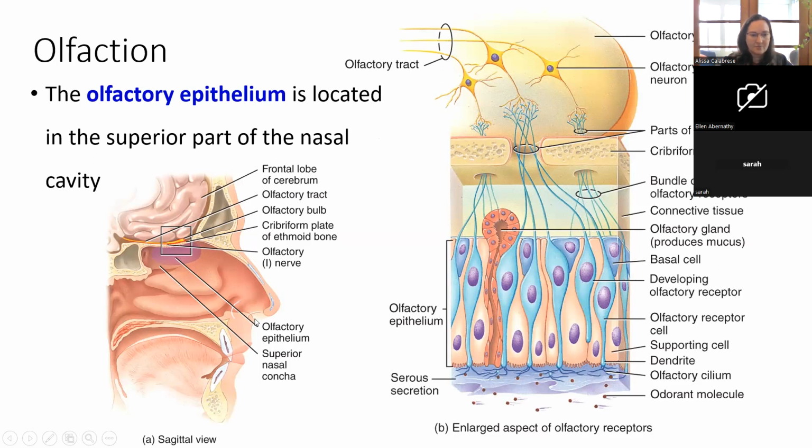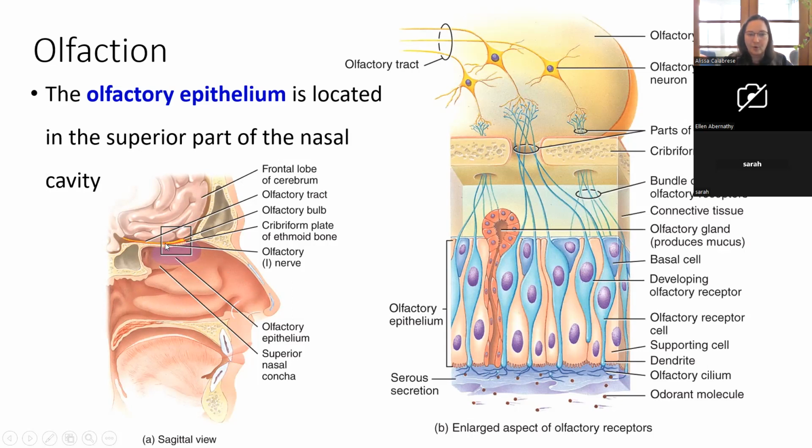As you're breathing in, that air is going to pass through the bones we talked about last time, the superior, middle, and inferior nasal concha. But way at the top of this is the cribriform plate of the ethmoid bone. And that's serving as a barrier between your brain and your nasal cavity.